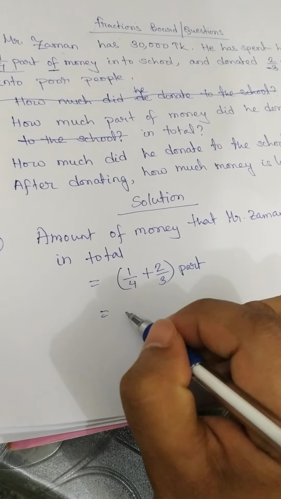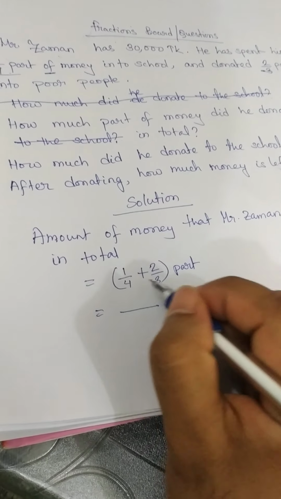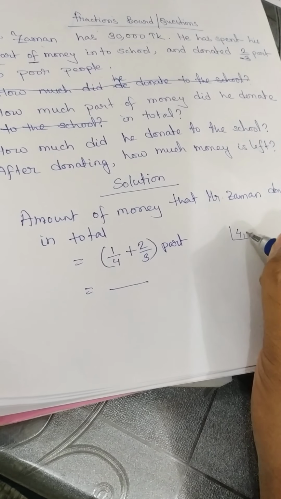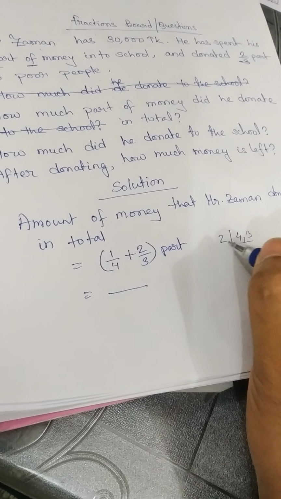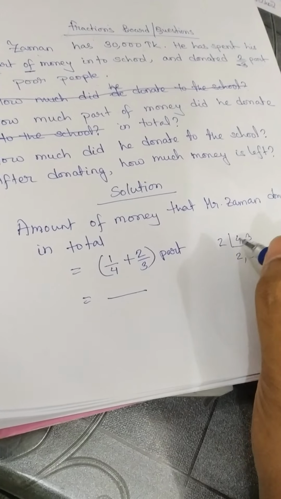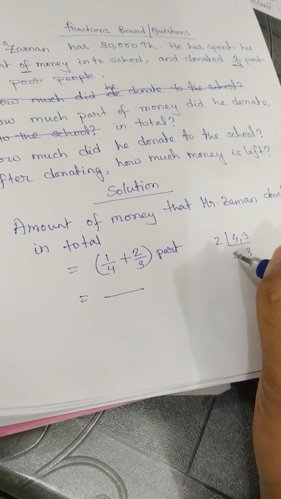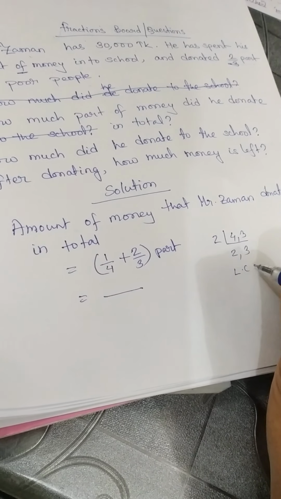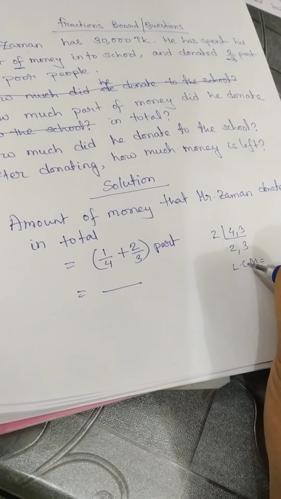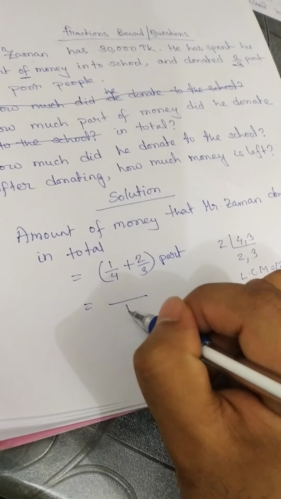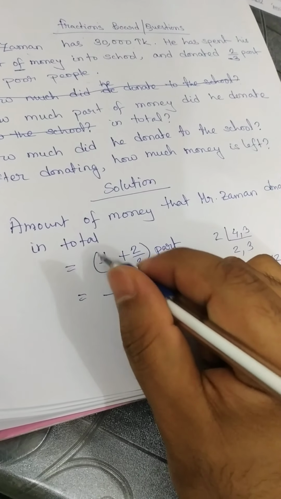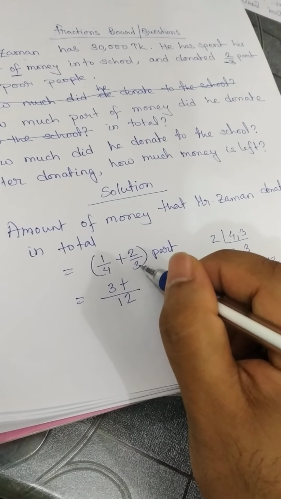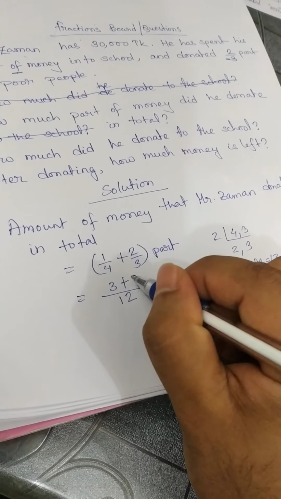If we add them, first we need to do LCM. LCM of 4 and 3, you already know how to do it. 4, 3, 2, 2, 3. All these are prime numbers, then we multiply all of them. 2 into 2 is 4, 4 into 3 is 12. So LCM is 12. So 12 divided by 4 is 3, 3 into 1 is 3, plus 12 divided by 3 is 4, 4 into 2 is 8.